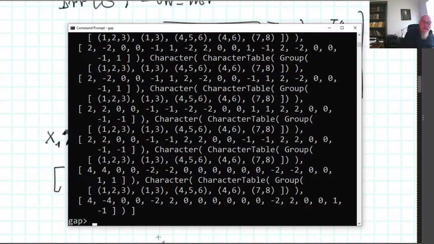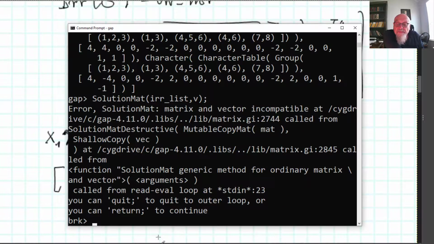It is a matrix. So why is it not working? Solution matrix. Let's read it again.